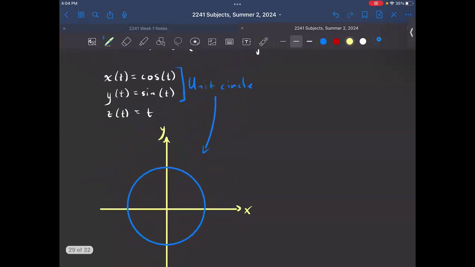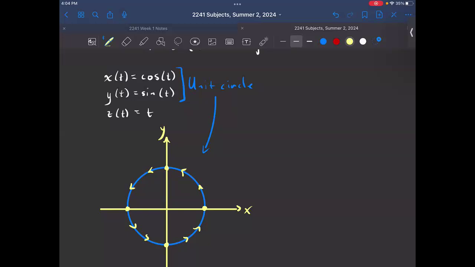It's in the standard parametrization. So t equals 0 gives us a point over here, and then we trace this out in this direction. Okay, so you get pi over 2 and pi, and then 3 pi over 2, and then back to 2 pi. And then we'd keep going around the circle like that.